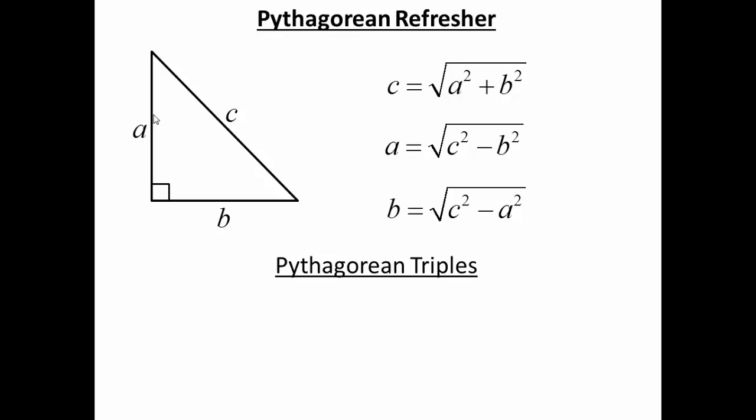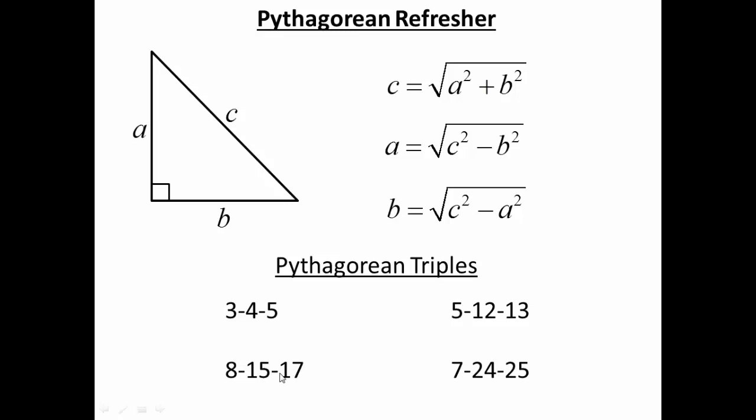If I see 8 and 15, I know the third side is 17. If I see 7 and 24, I know the third side is 25. So those 4 Pythagorean triples, I highly recommend that you memorize, and you're more than welcome to prove them to me. If I say 3 squared plus 4 squared, does it equal 5 squared? If I say 8 squared plus 15 squared, does it equal 17 squared?